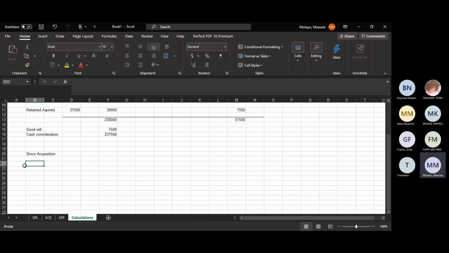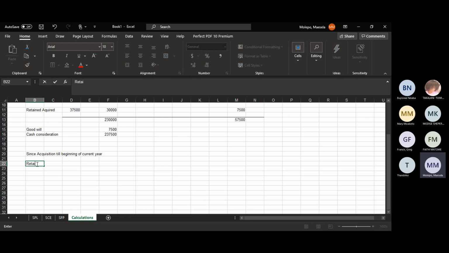Since they acquired each other on 1 April 2011, and we are doing 2016, we have a period of more than 3 years. So we're going to have since acquisition until the beginning of the current year. Then we have to do our retained earnings.